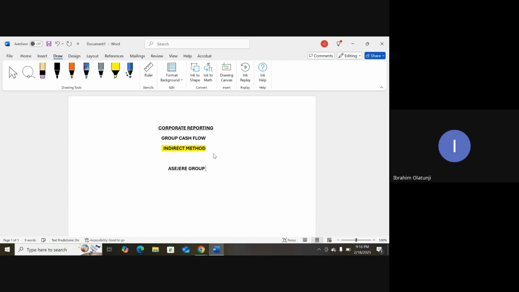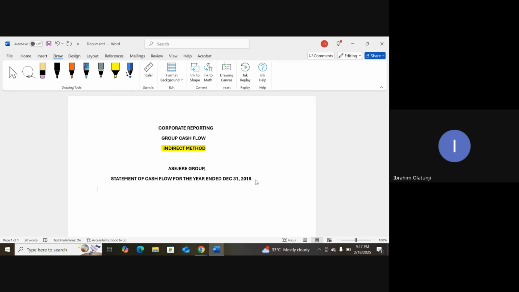Then you write statement of cash flow for the year ended December 31st, 2018. So this is the heading. If you do this, then you are good to go, because this one is also a chart mark.